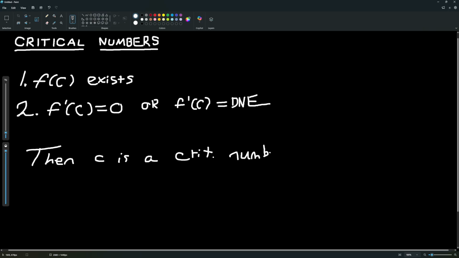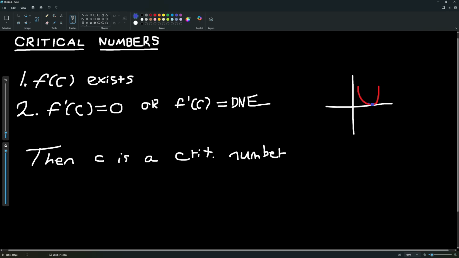So really, all a critical number is a point that, well, it exists, obviously, and it's a point where the slope equals 0 at that point, or it does not exist. So for instance, if I have a graph and I have my parabola right here, and I have this point at the bottom. At this point, the slope equals 0. Let's just say that this point exists.